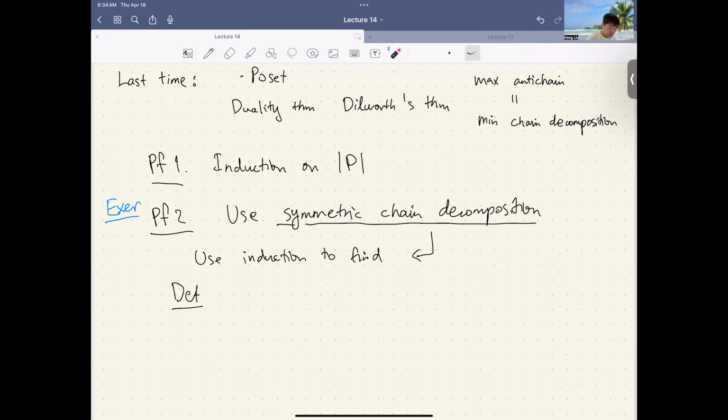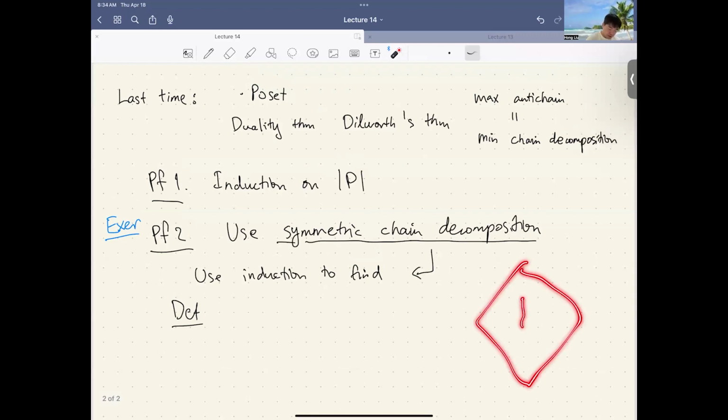Roughly speaking, a symmetric chain just means the starting point and the end point of the chain are at the same distance from above and from below.